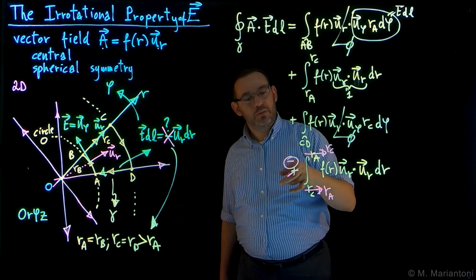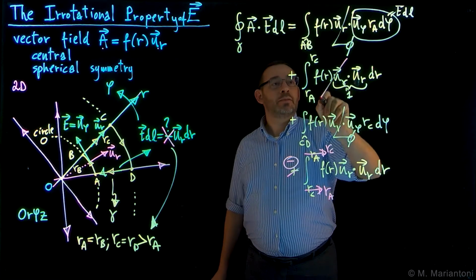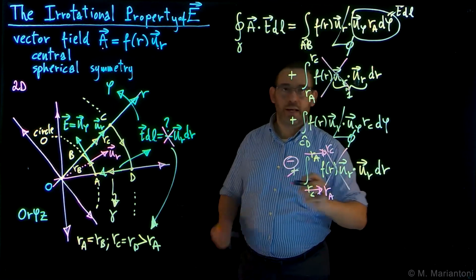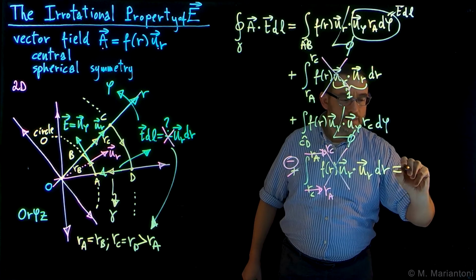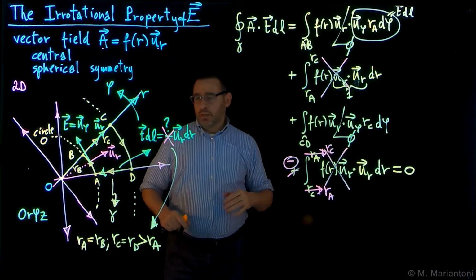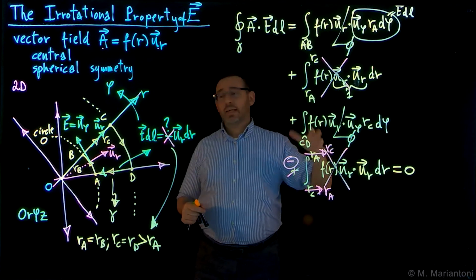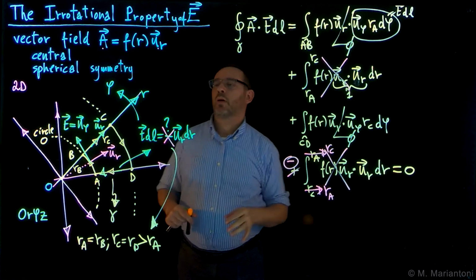The only difference is that here we have the integral with a minus from RA to RC. And so obviously, these two integrals cancel each other, so that the final result of this line integral, of the circulation, is exactly 0, as we wanted to show. So in this case, we can say that for this specific closed line, the circulation is 0. Okay.